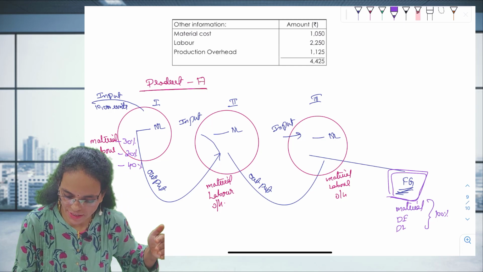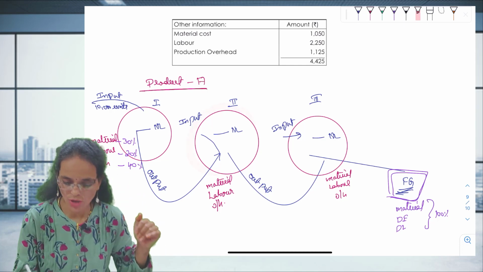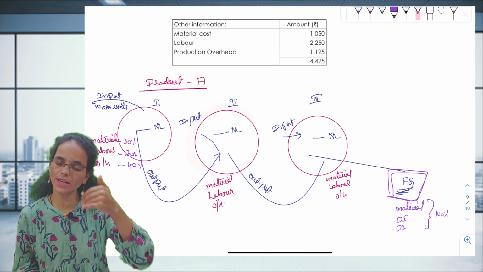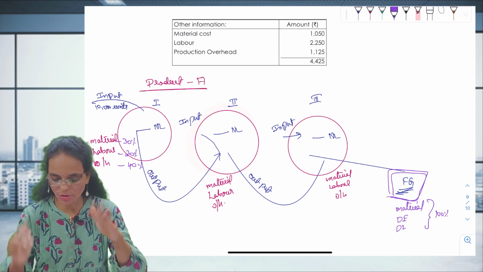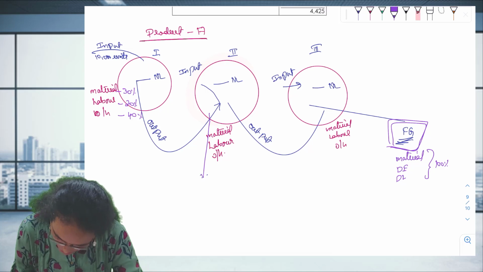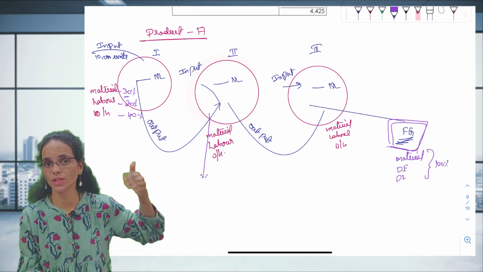Now we are sitting in the second process, that is in process 2. If this is the case, take the example, the second process is the ultimate process. When it is the ultimate process, 30% of the material is already completed in the first process, in the previous one.